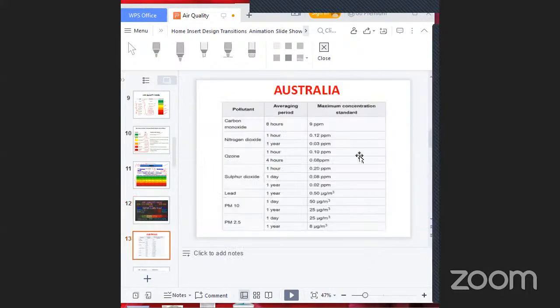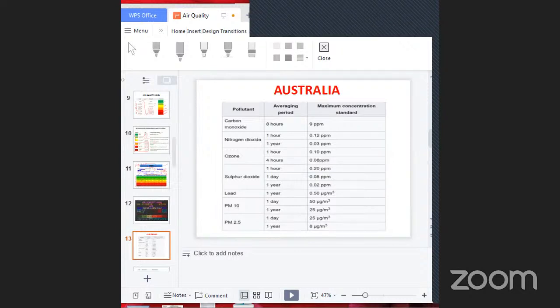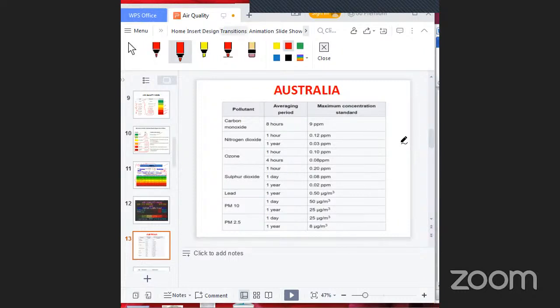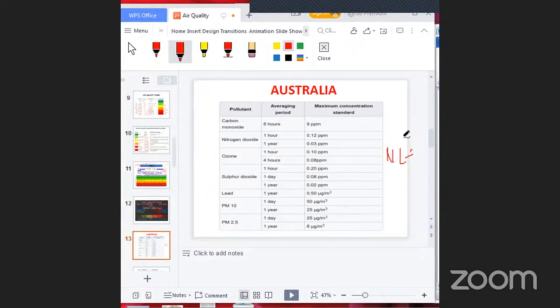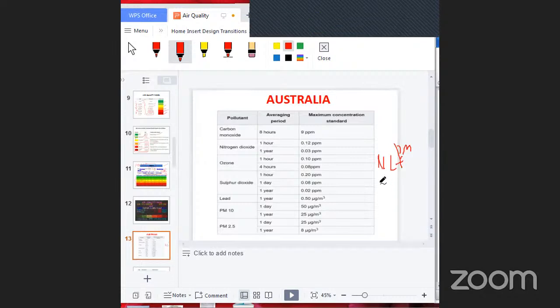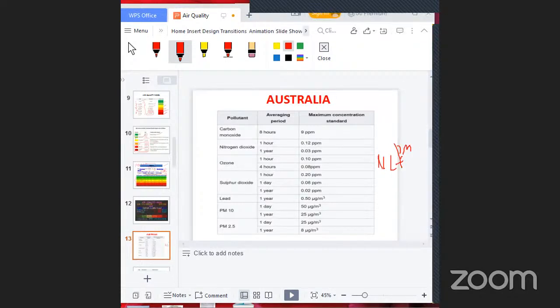In Australia, each of the states and territories is responsible for monitoring air quality and publishing data in accordance with the National Environment Protection Measure, called the NEPM standards.